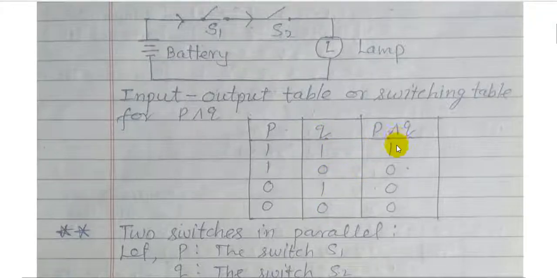And for P and Q: 1 and 1 is 1, 1 and 0 is 0, 0 and 1 is 0, 0 and 0 is 0. Means the same as the T and F rule we apply here in terms of 1 and 0. And these are very helpful in modern technologies also. In higher standards you will have to study about these circuits and switches.